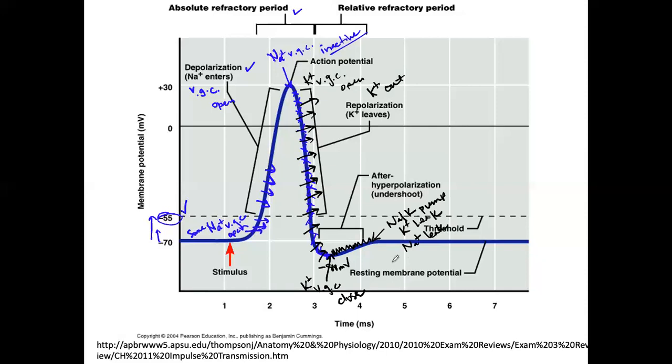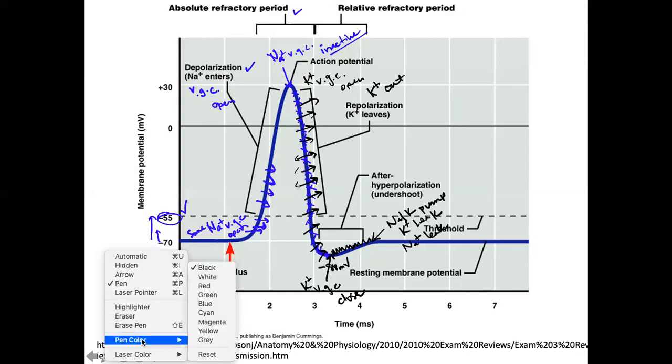Okay, let's go back to sodium. So if you notice, the sodium voltage gated channels are inactive for a certain amount of time. This makes sure that you can't get another action potential. Okay, relative refractory period is up here. So relative refractory period is when those sodium voltage gated channels have changed to closed.